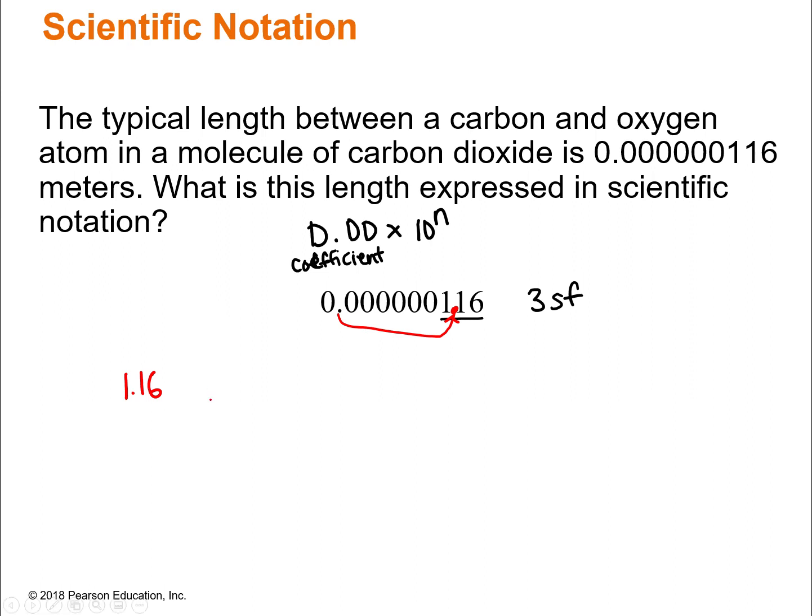There's our coefficient. Now I've got to count back to where the decimal point is. 1, 2, 3, 4, 5, 6, 7.